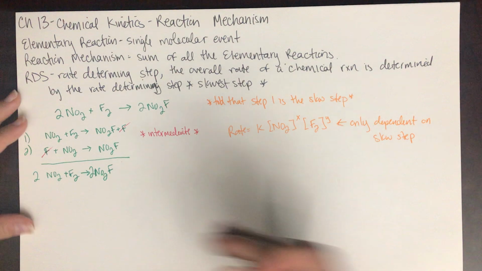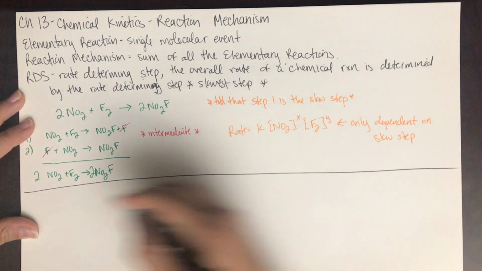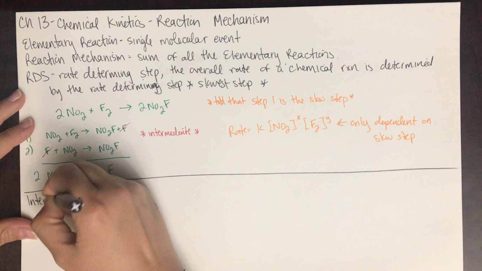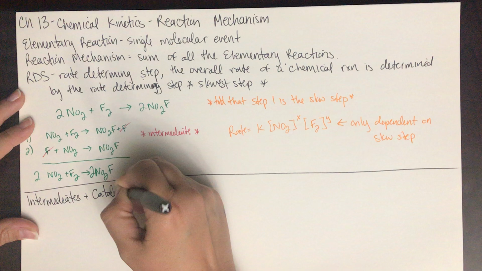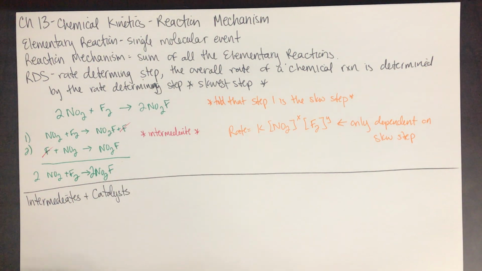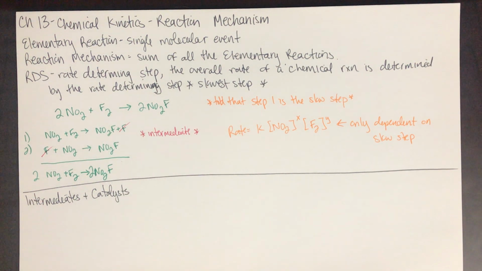So let's do an example with that. Here's a chemical reaction, and I want you to write the rate law and tell me if there is an intermediate or a catalyst.